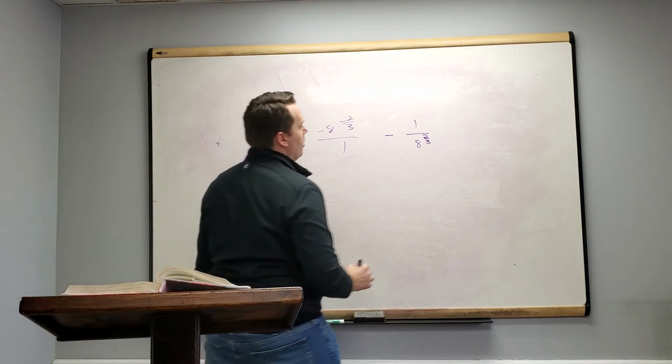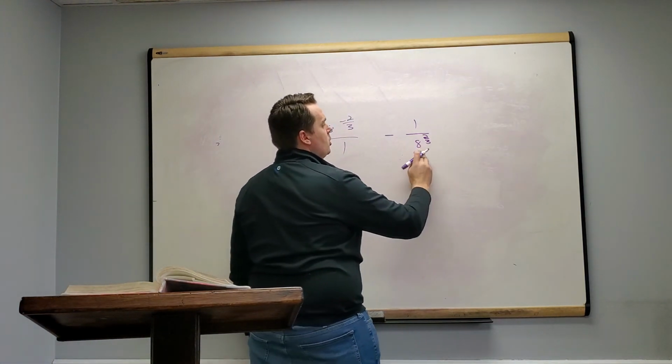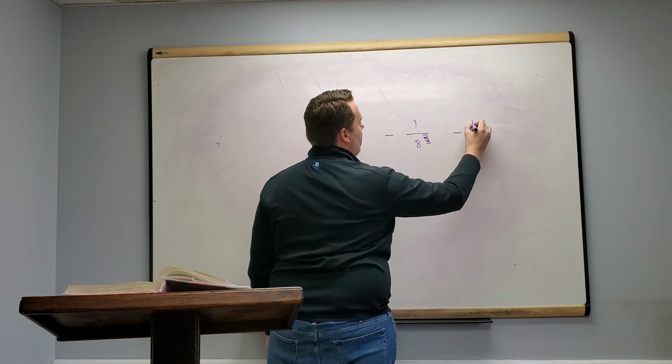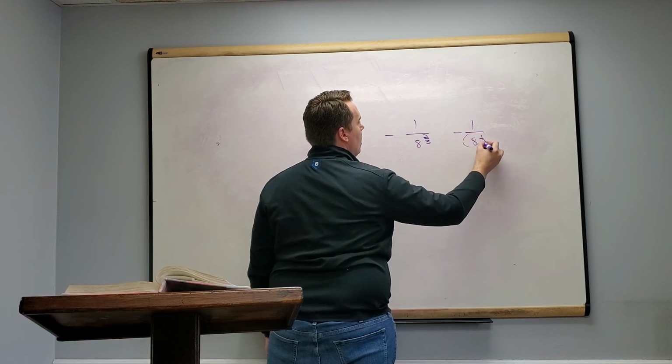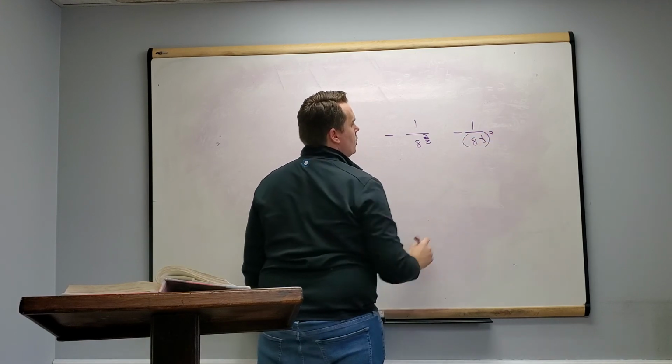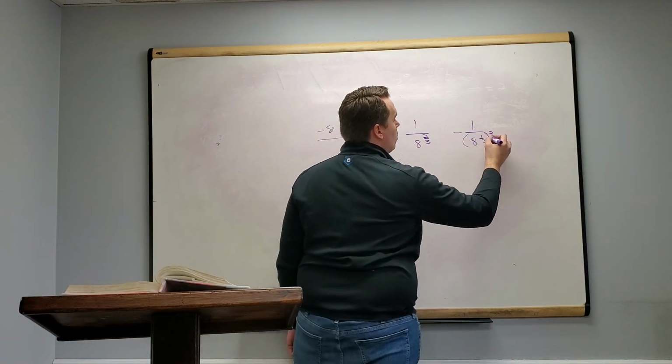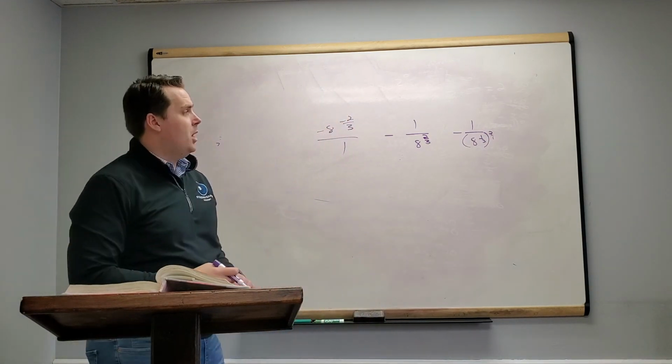What they're going to do further is change 8 to the 2/3 into negative 1 over 8 to the 1/3, in parentheses, squared. Because the 2 over 1 times the 1 over 3 gives you the 2/3.